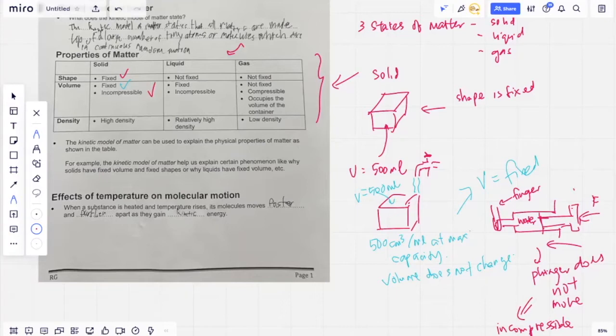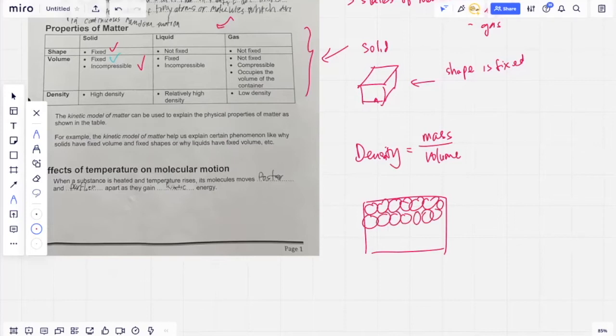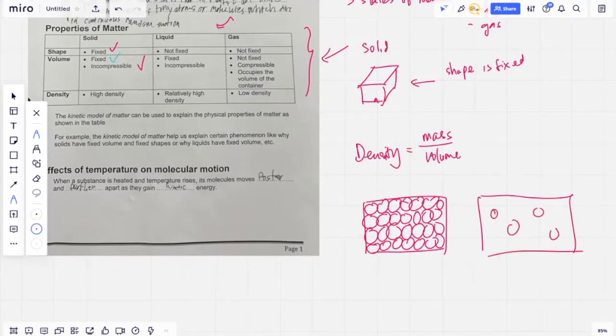Then density is mass per unit volume. If we want to talk about density, I would draw an example to show it. Let's say two shapes, two substances here. Density is mass per unit volume.